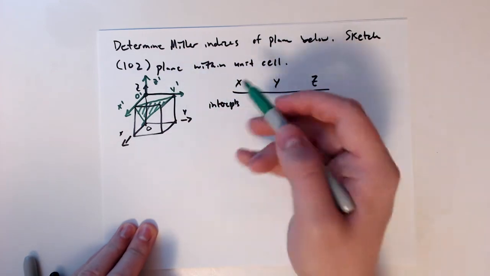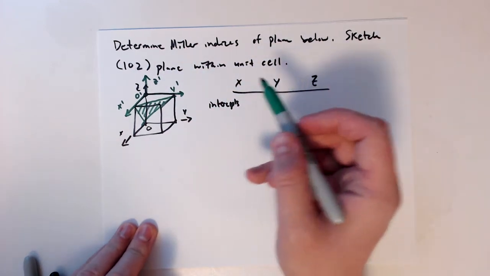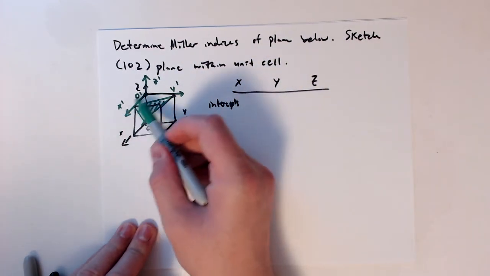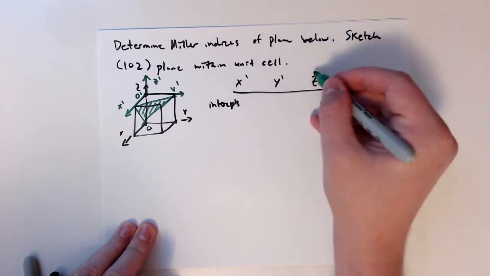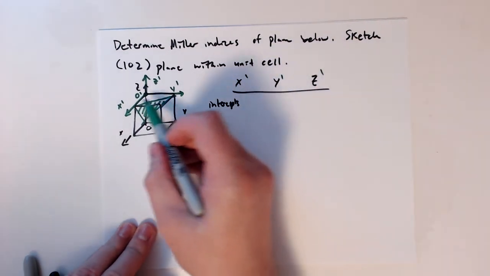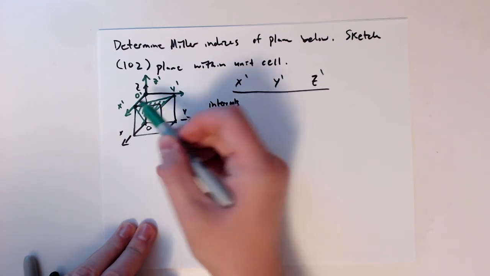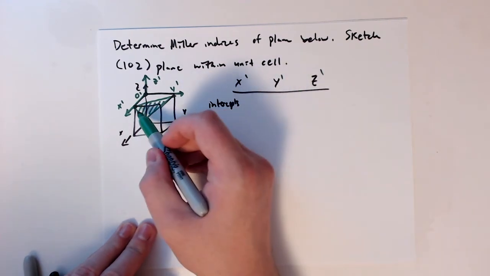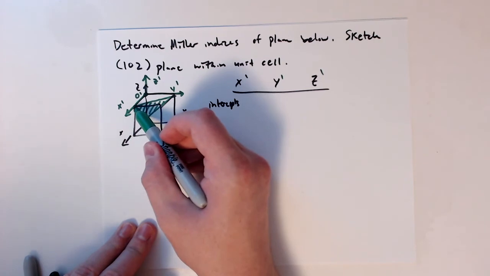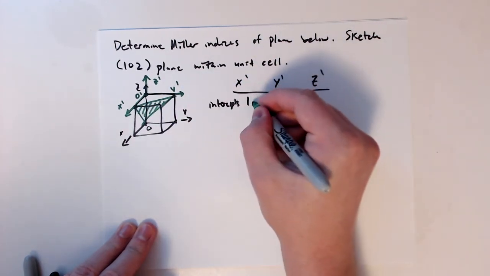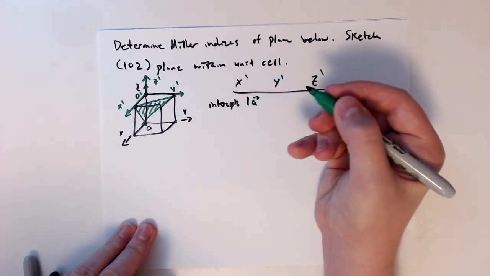All right. So from there, again, looking at intercepts, I'm going to change these as well so that you know that it's the primes. If I look at this axis and where the plane intercepts it, you can see it's right here, and so that is going to be 1 unit in the positive x direction, so 1 times the a vector.